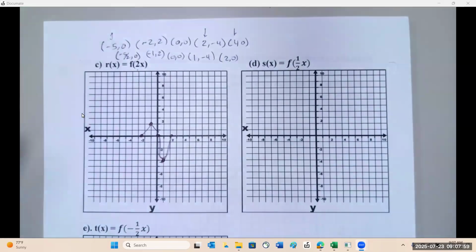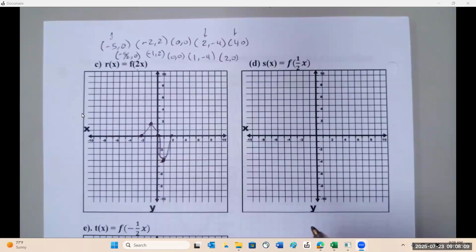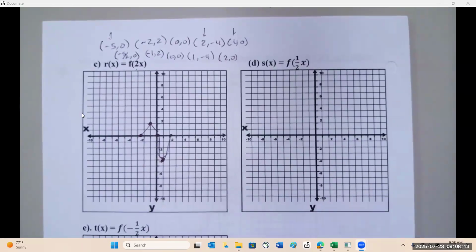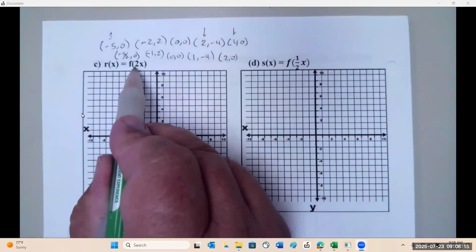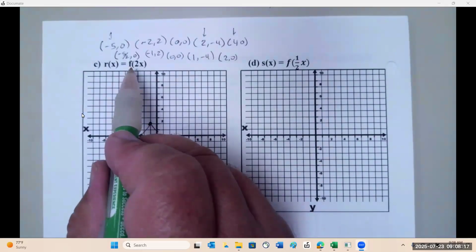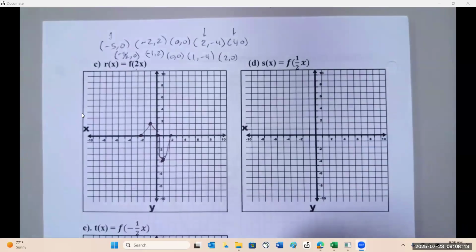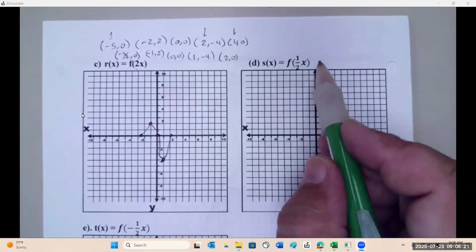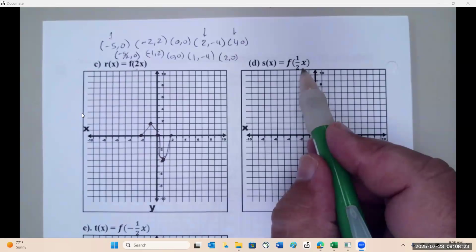So what have I done to that graph? I horizontally shrunk it, I compressed it. If you have an integer coefficient inside the function, you divide the X values. If you have a fraction in front of the X, what do you do with the X values?